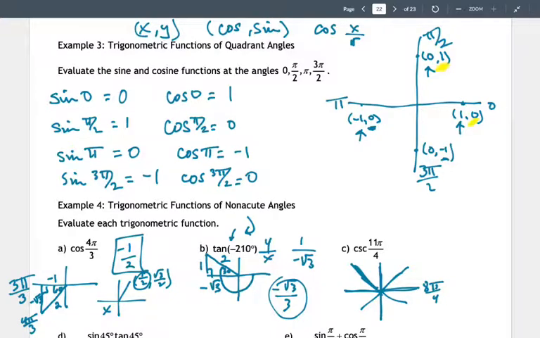Any pi over 4 is a 45-degree reference angle, so we'll use 1, 1. The x is negative there, and this is square root of 2. So I'm using my 45, 45, 90 rules. Cosecant is the reciprocal of sine, so it's going to be r over y, which would be square root of 2 over 1. So it's just square root of 2.